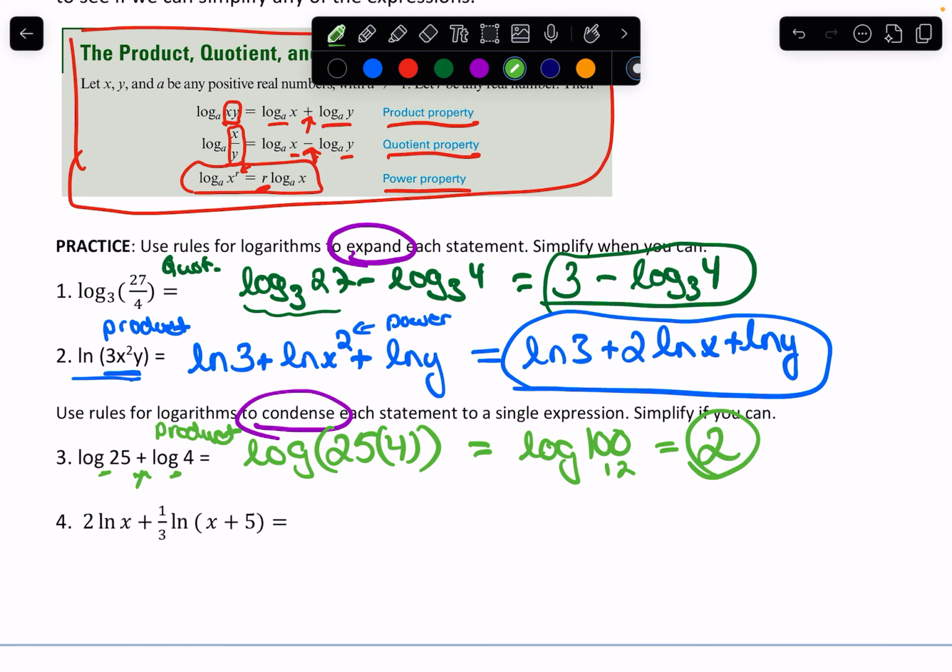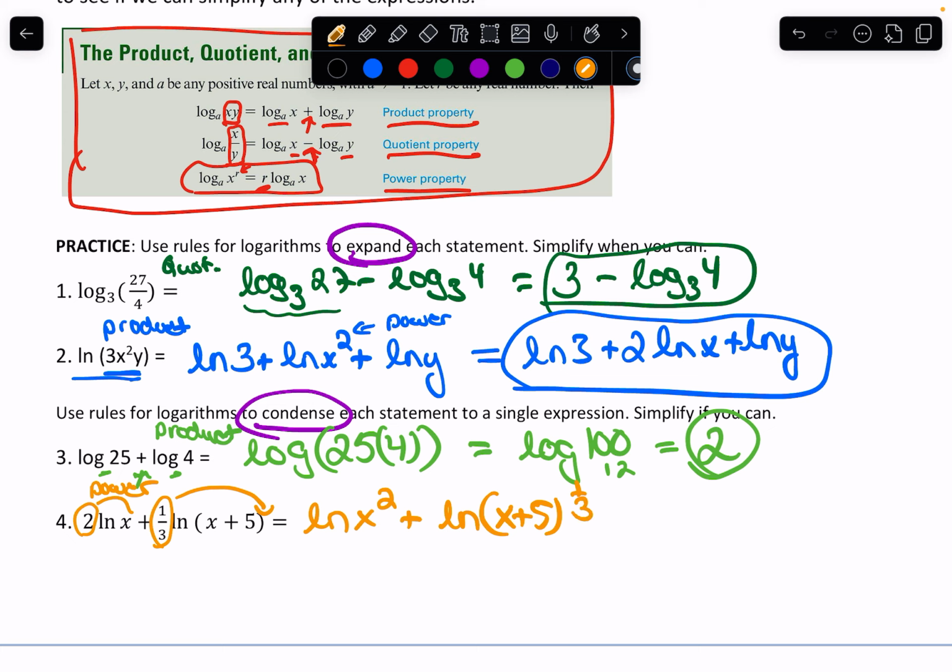Okay, this next one has quite a bit. What we need to do first is take this 2 and use the power property backwards. So we're going to rewrite it as natural log of x squared plus, and we're going to do the same thing for this 1/3. We're going to put it as an exponent here, like this.